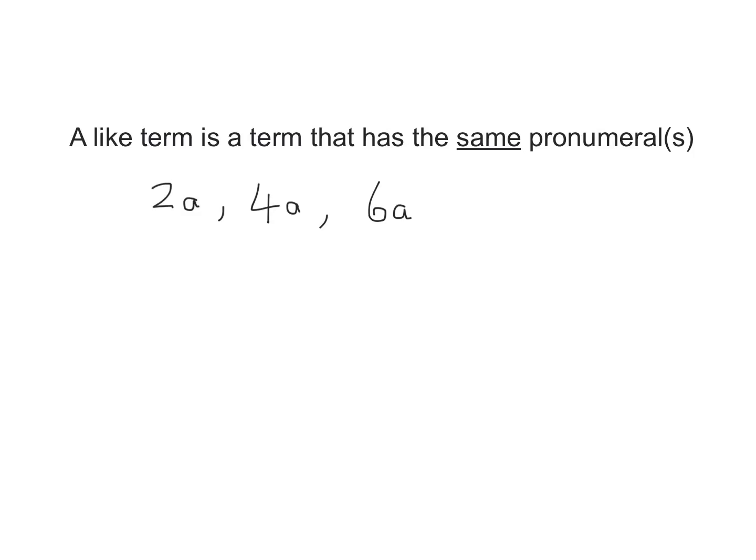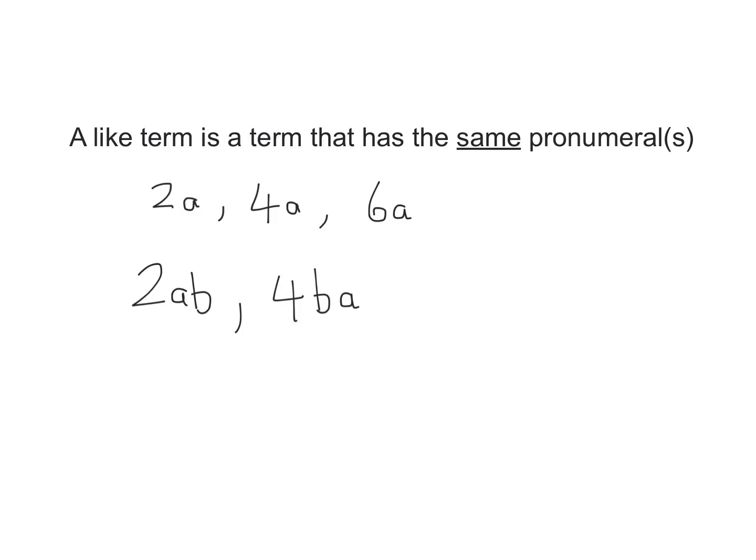Other examples of like terms could be 2AB, 4BA. Don't let that confuse you, because if we have a look at 4BA, it is the same as 4AB, which is the same as 2AB. So it has the same pronumerals, therefore they are like terms.